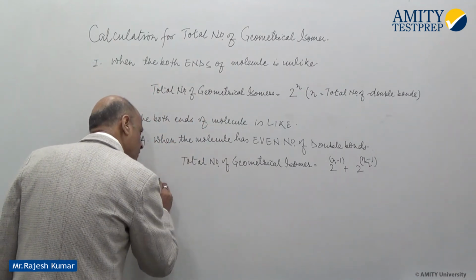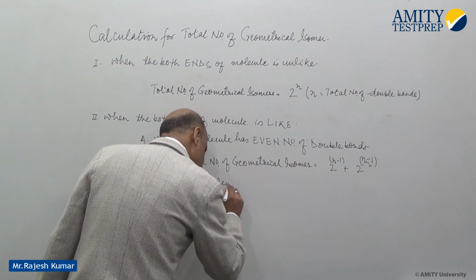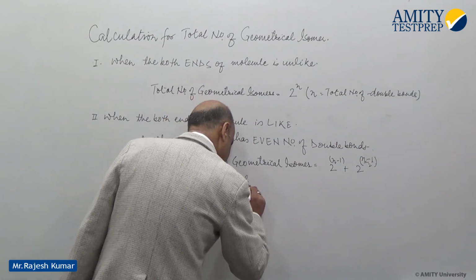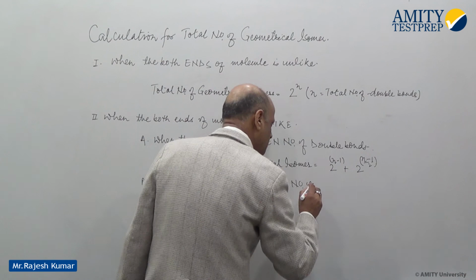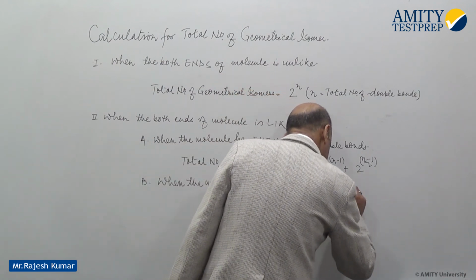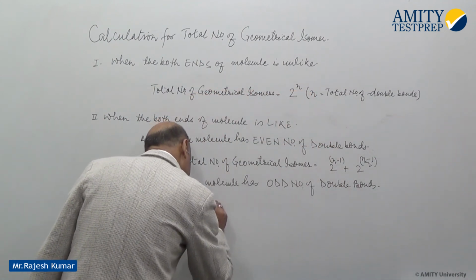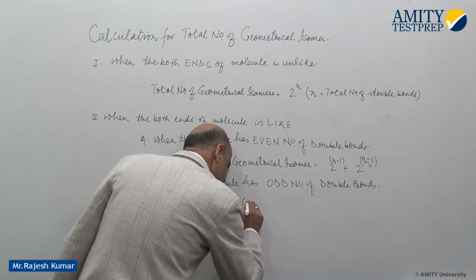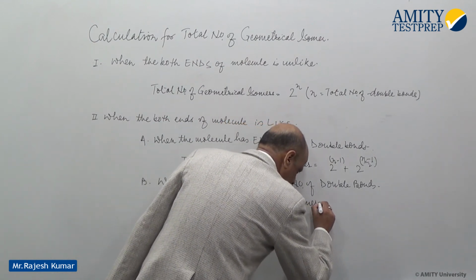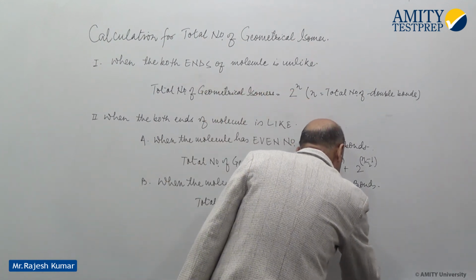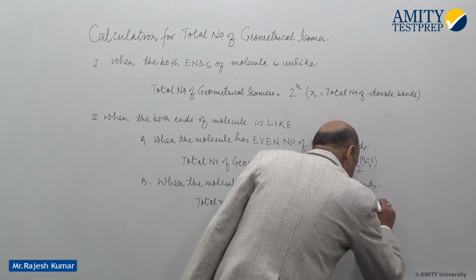And B, when the molecule has an odd number of double bonds, then the total number of geometrical isomers is equal to 2 raised to the power n minus 1, plus 2 raised to the power n plus 1 by 2 minus 1.